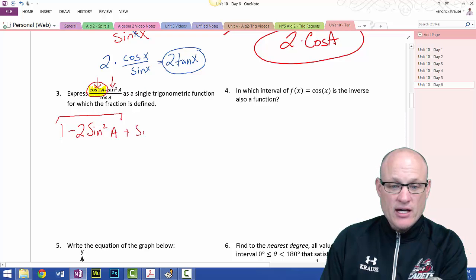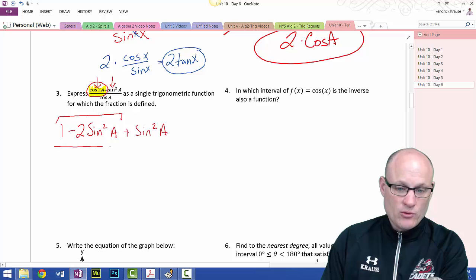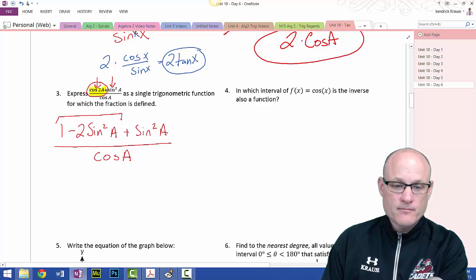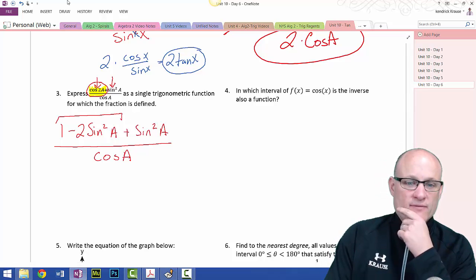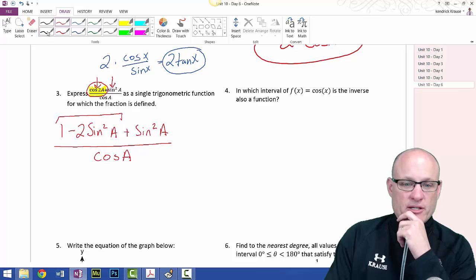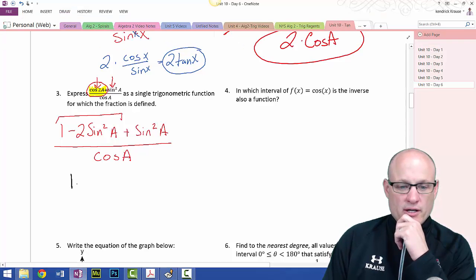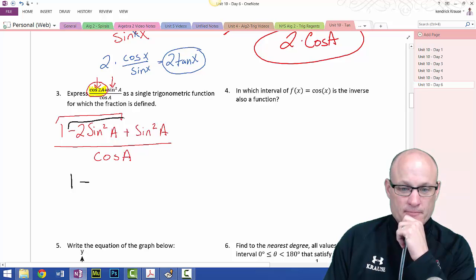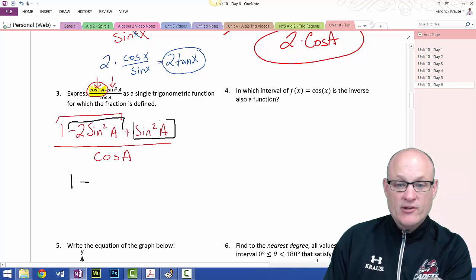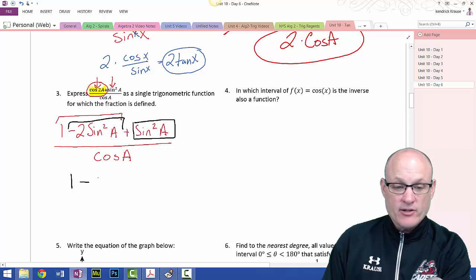Plus sine squared A all over cosine of A. Well, if I take care of the numerator, you got to be careful here. That's 1 minus. Now, if I have minus 2 sine squared A plus 1 sine squared A, that just gives me minus 1 sine squared A over cosine A.